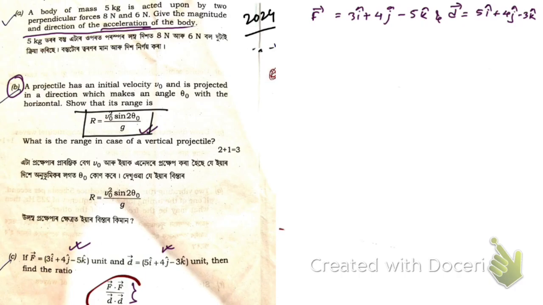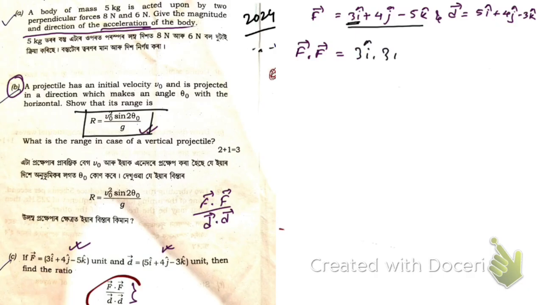So we need to find the ratio of f dot f by d dot d. First let me find f dot f. How to find that? You need to find the dot product of f by itself. So again 3i cap, that means you need to take 3i cap dot 3i cap.